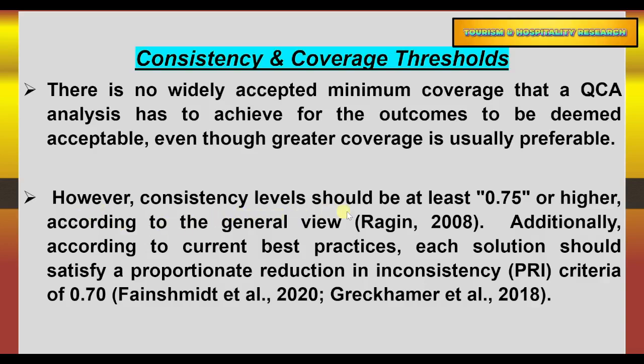However, consistency levels should be at least 0.75 or higher as per the general view, and here is the reference for this, Ragin, 2008. Additionally, according to the current best practices, each solution should satisfy a proportionate reduction in inconsistency, which is PRI, criteria of 0.70.